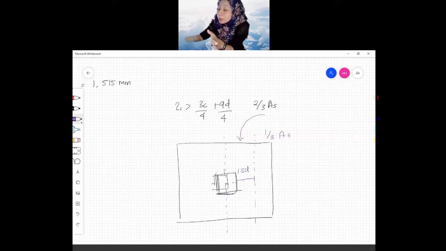So 1.5D means 1.5 times D, D is 540. You get 810.